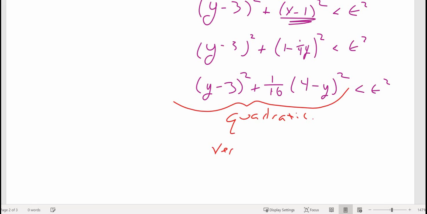And if you look at the vertex, the minimum value for this is 1/17. That's where it hits the minimum. So that side of the inequality is 1/17 or bigger.